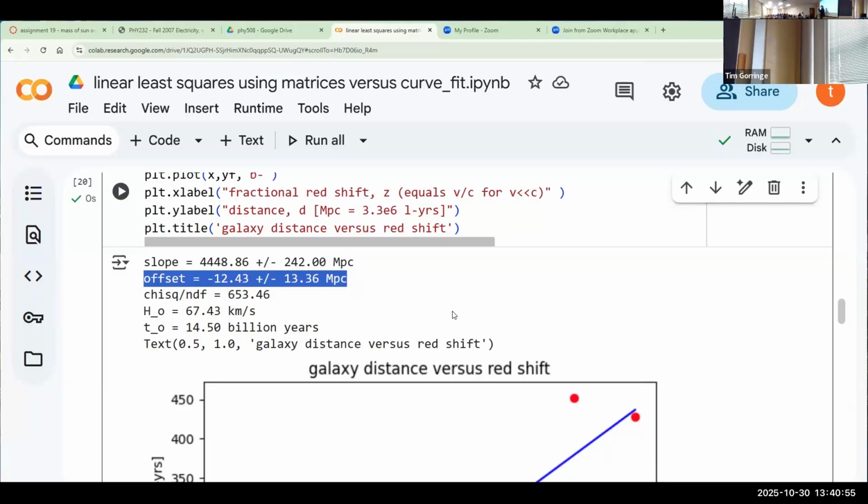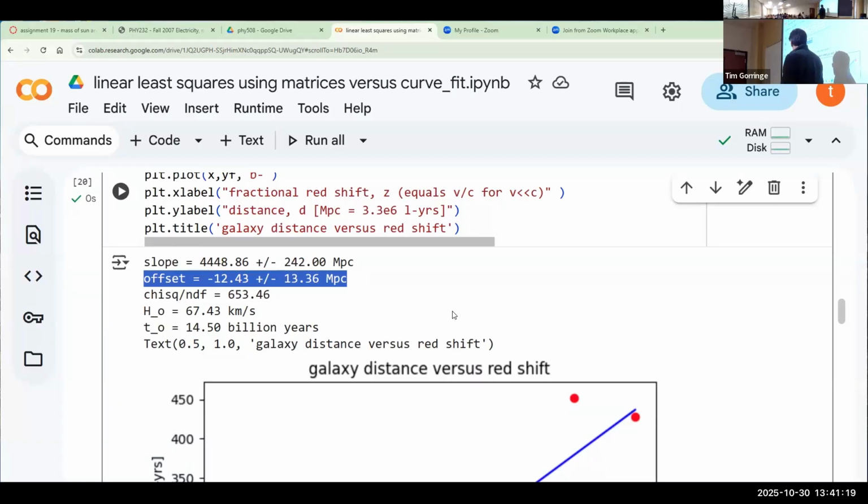These are the two elements in that two-element vector, which I called beta here, or beta in the text. These are the uncertainties of them. And by propagating those uncertainties using that covariance matrix, this is the chi-squared per degree of freedom. Again, this is reflecting the differences between the model and the data.